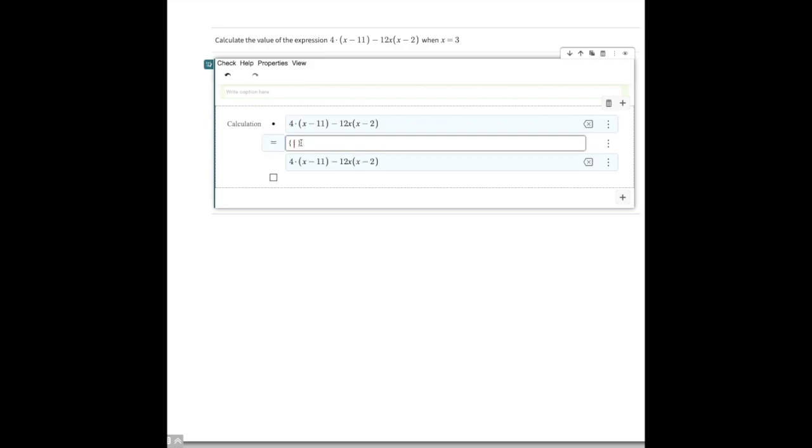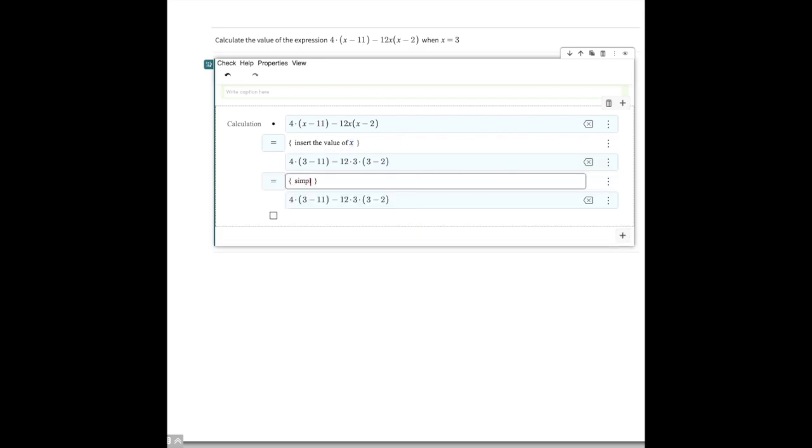The first thing we will do is insert the value of x here. So if we put in x equals 3, this will become 3, and this will be 12 times 3 times this parenthesis, 3 minus 12.